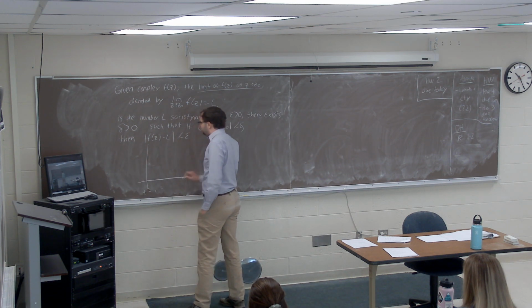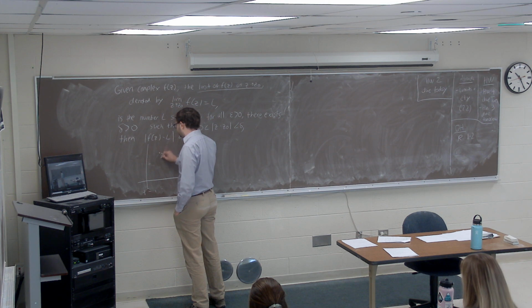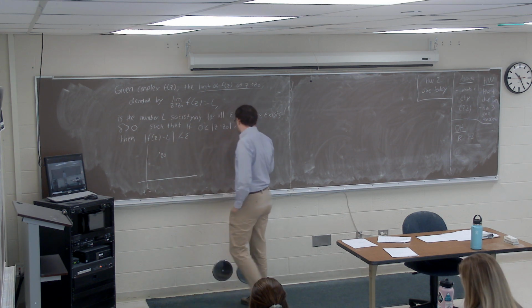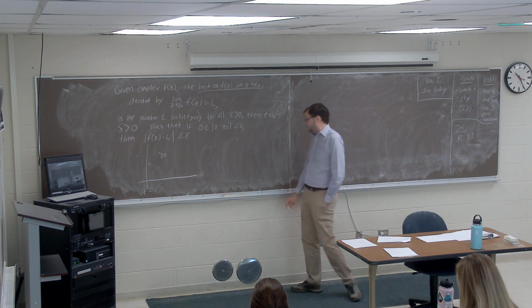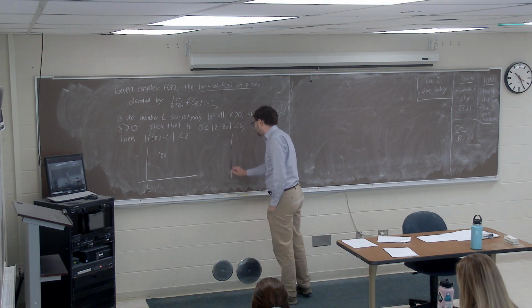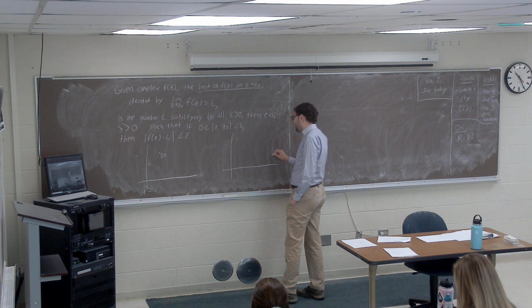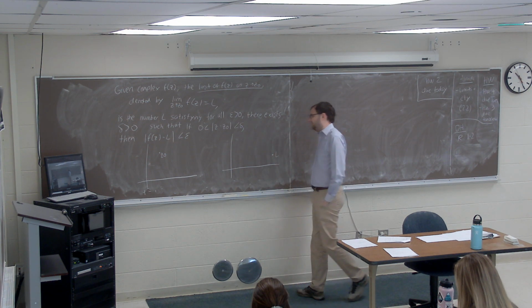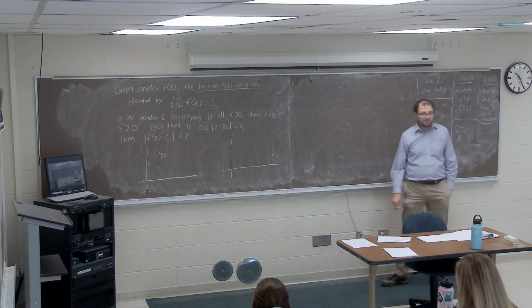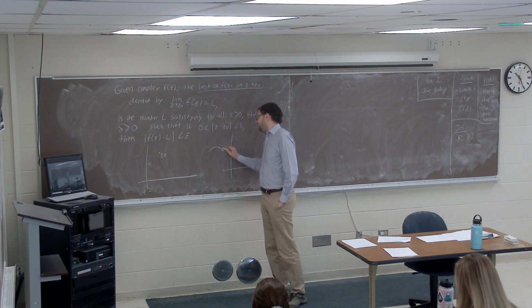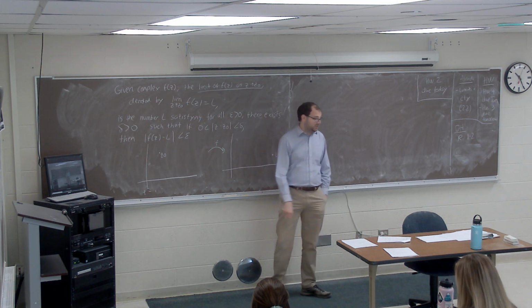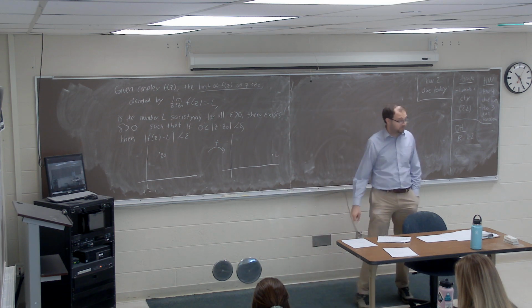So the idea is we have some point z naught, and we want to show that the limit as z approaches z naught is going to be equal to some value L. Let's say L's out here somewhere. And f is mapping one copy of the complex plane to another copy of the complex plane.